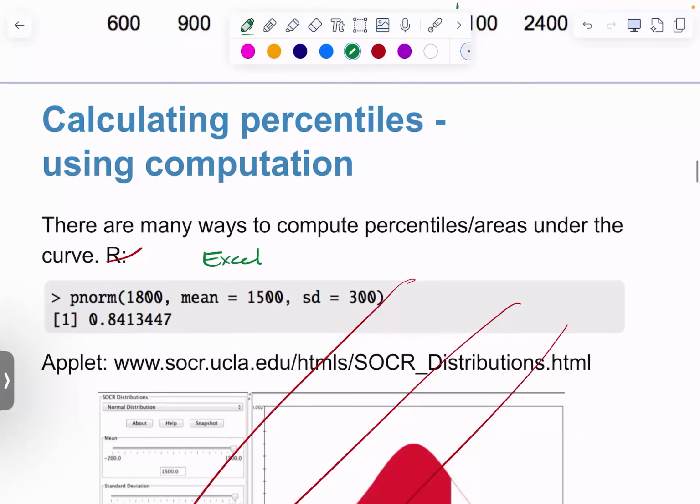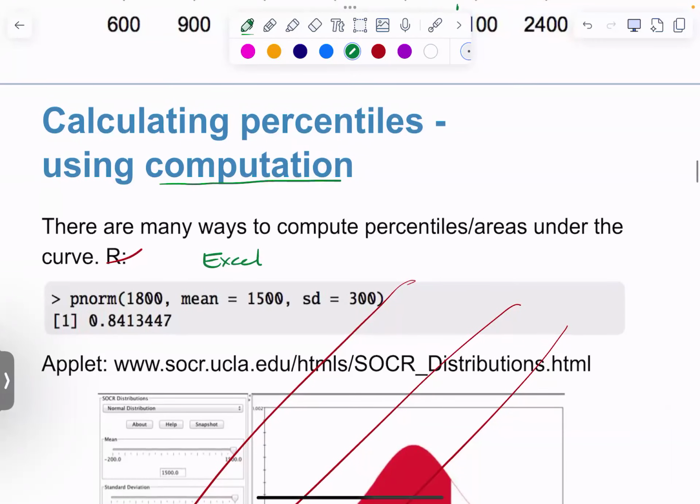Just in general, like I was saying, in real life, you would just be using software for these probabilities. And so these percentiles are really going to translate to probabilities or areas under the curve.